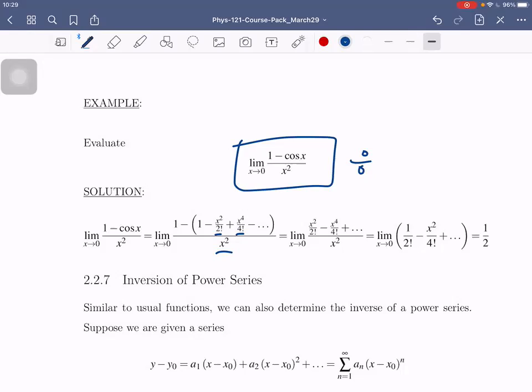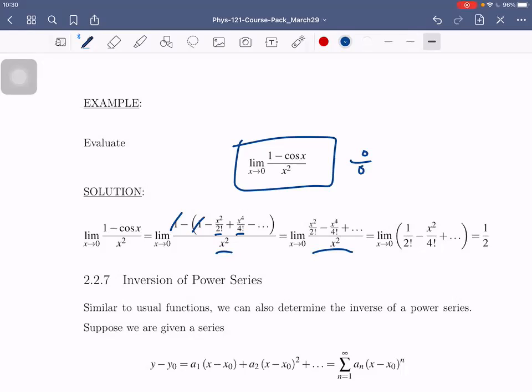So, matitira is ganito. Magiging 1 over 2 factorial minus x squared over 4 factorial and so on. As you can see, lahat ng mga susunod na terms nasa taas yung x.